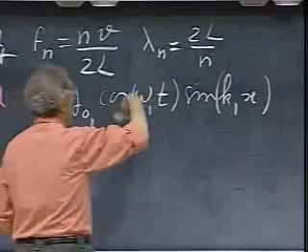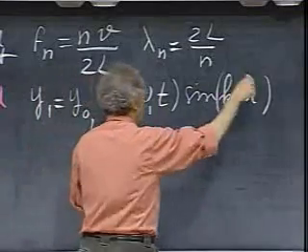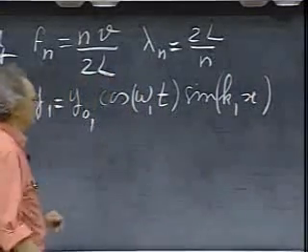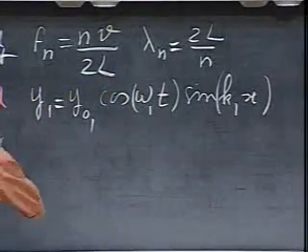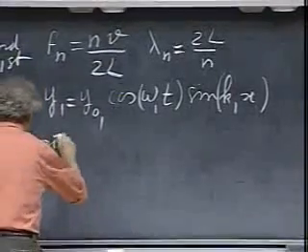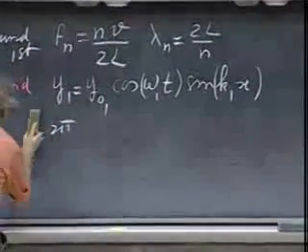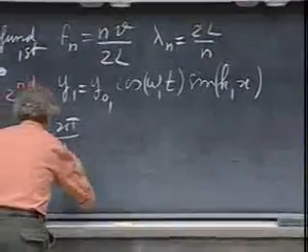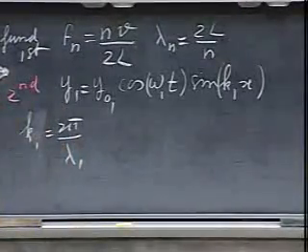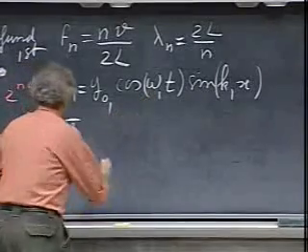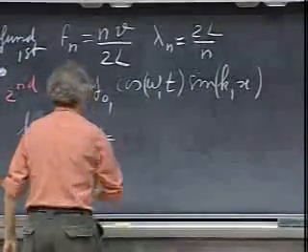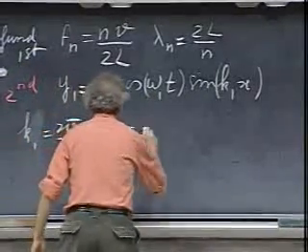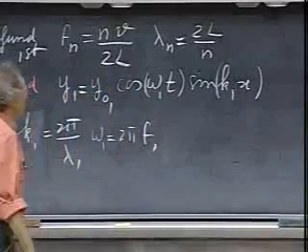All the time information now here is decoupled from the spatial information. k1 is again as before, let me write down a nicer k1, 2 pi divided by lambda. And omega 1 is 2 pi times f1.